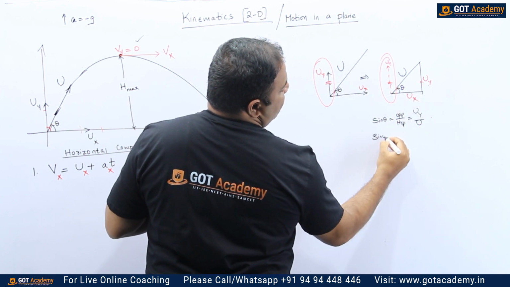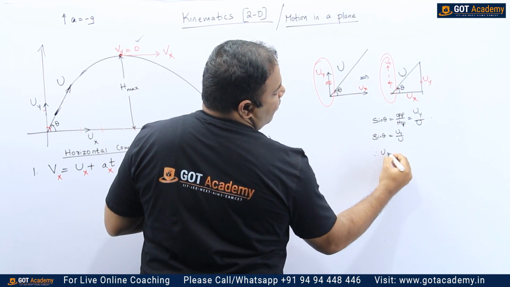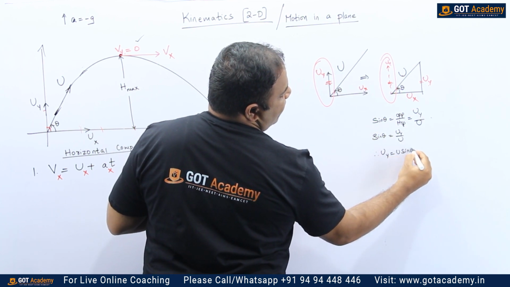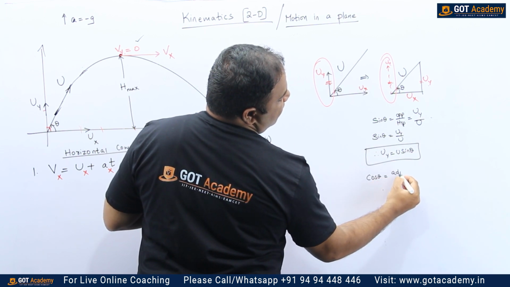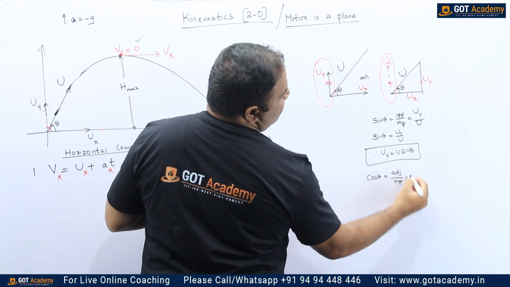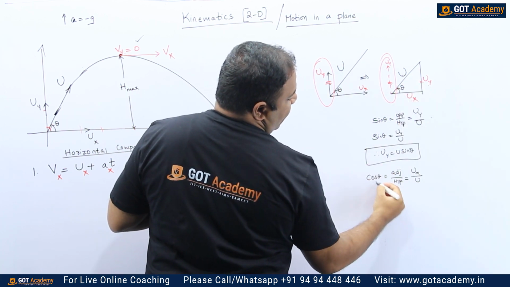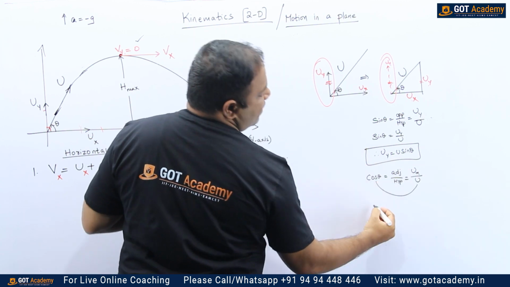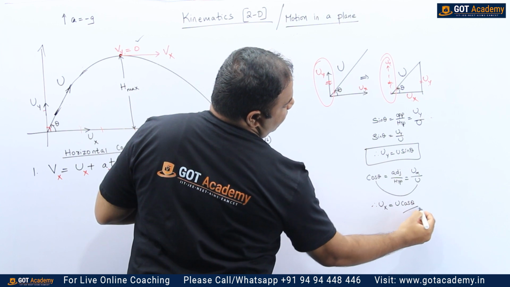So sin theta is equal to uy by u. U comes this side. So therefore uy equal to u sin theta. Similarly, if I take cos theta, that is adjacent by hypotenuse. Here adjacent is x component and hypotenuse is u. Again I have to take these two. U will come this side. So therefore x component of velocity is u cos theta.